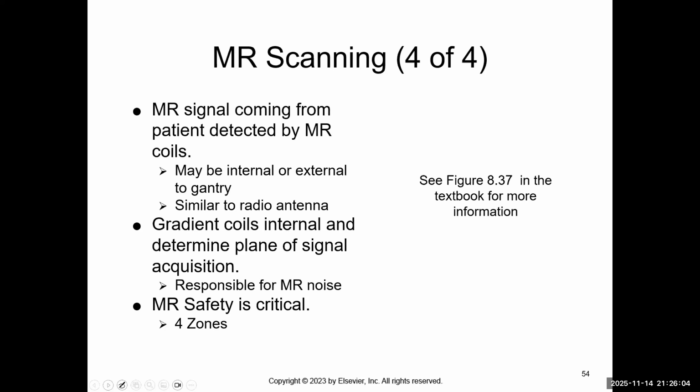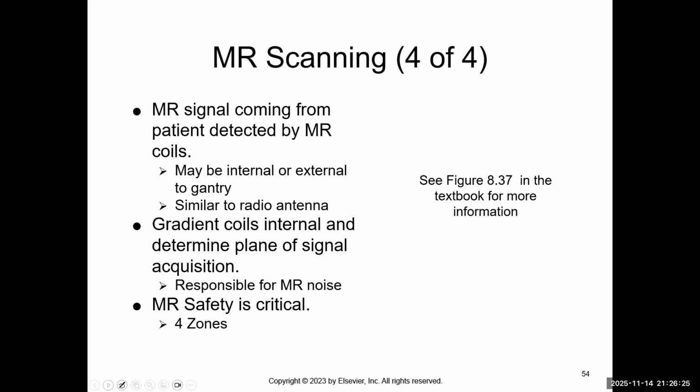In terms of the types of coils that the units have, the coils can be external or internal. If they're internal, they're built into the gantry. If they're external, they're placed on the patient's body part. So you can have those two types.